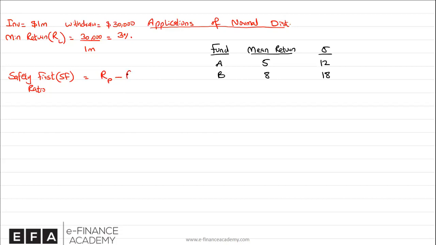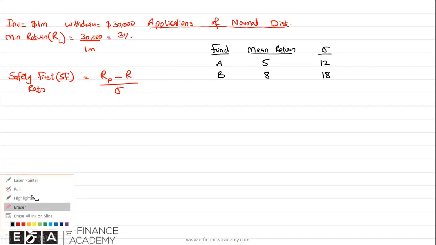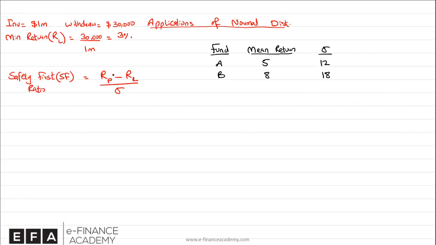Of course, for the Sharpe ratio, you compare the excess return: return on portfolio minus the risk-free rate, which gives you the excess return you earned for taking risk, and you divide this by the risk, which is deviation. For the safety first ratio, you just take the excess over and above the minimum return. Small correction here: you'll say RP minus RL, which gives you the excess return over and above the minimum return, per unit of risk by dividing it by the risk.